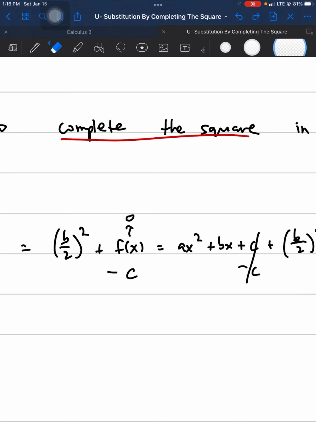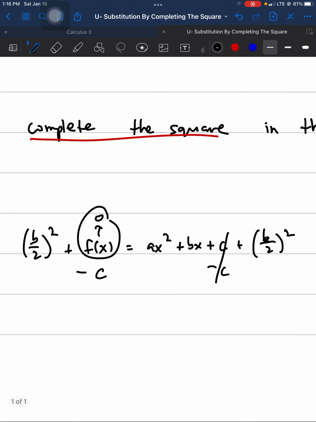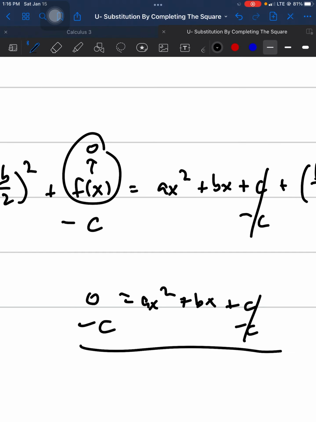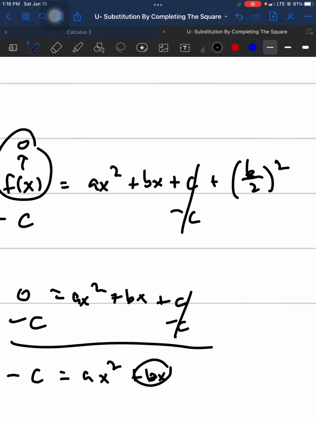Actually, no, on this side it doesn't cancel. This is just 0, because when we're solving a quadratic, we generally set f of x equal to 0. Then we subtract c, and we get negative c equal to ax squared plus bx.